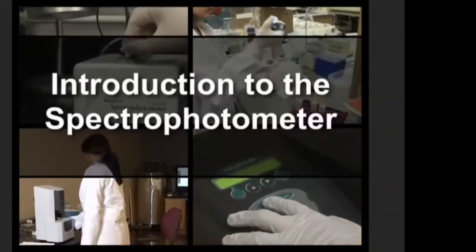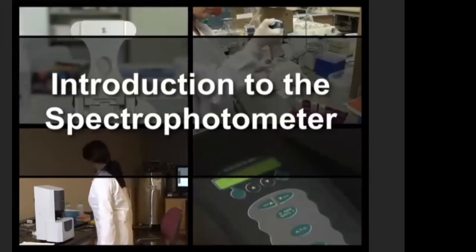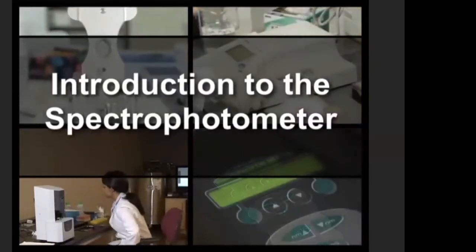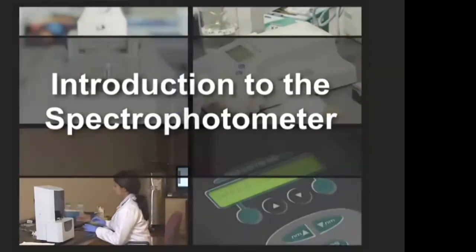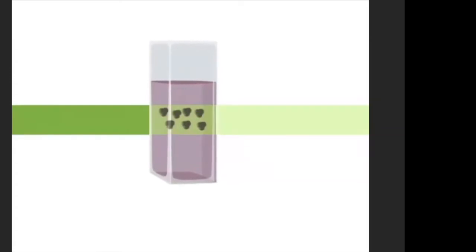The spectrophotometer is a ubiquitously used instrument in biological, chemical, clinical, and environmental research. Spectrophotometry is the quantitative measurement of how much a chemical substance absorbs light by passing a beam of light through the sample using a spectrophotometer.